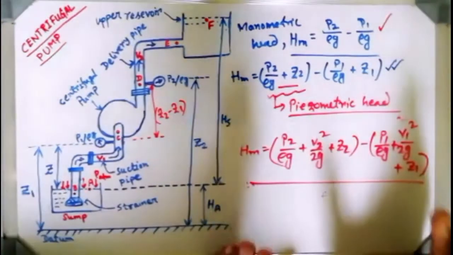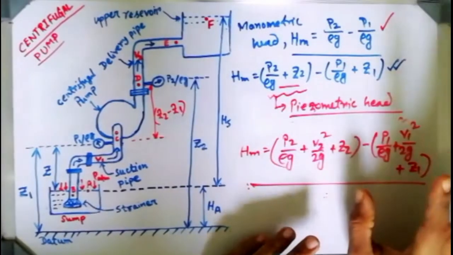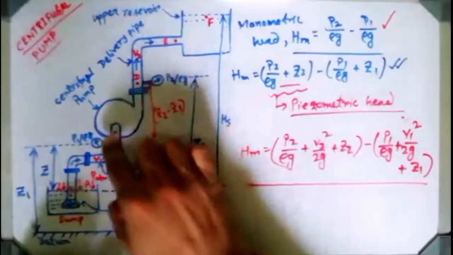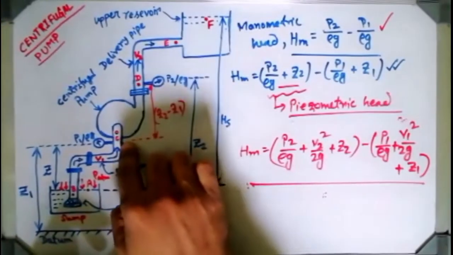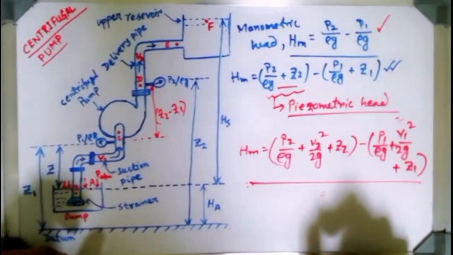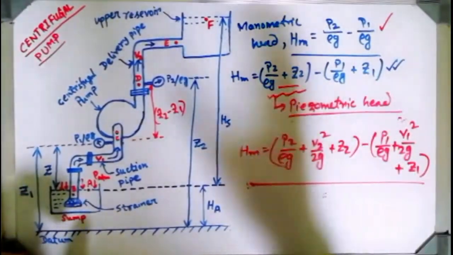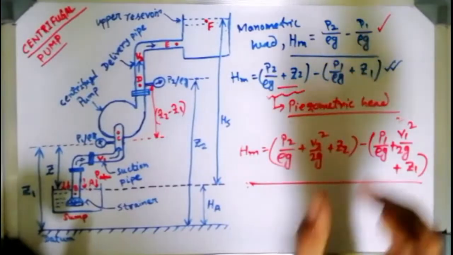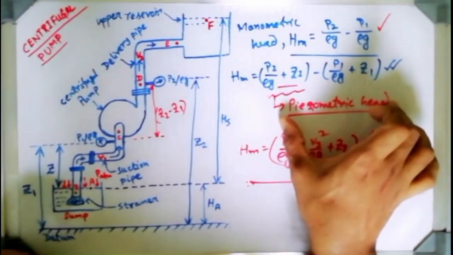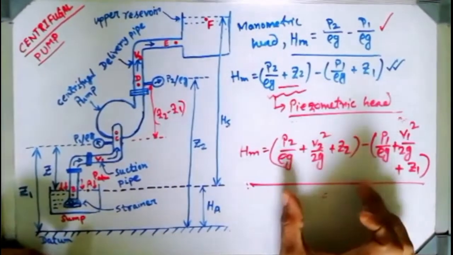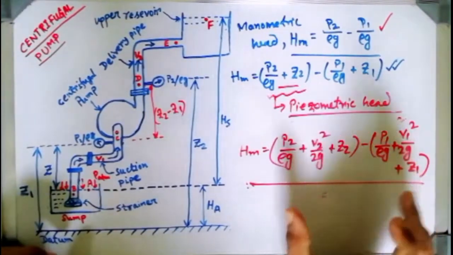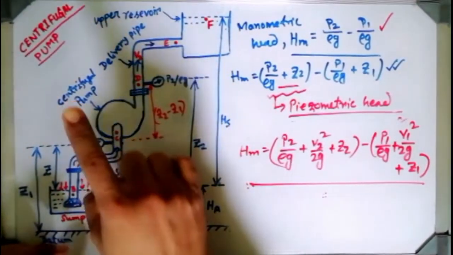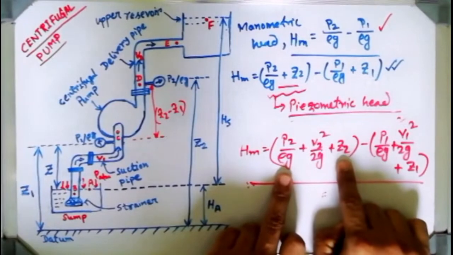Understood? But mind it, if you connect a manometer between point C and point D, then the value you get from there is nothing but the difference in piezometric head. If you consider this expression, then the head difference from the manometer will give you the sum of these two values.